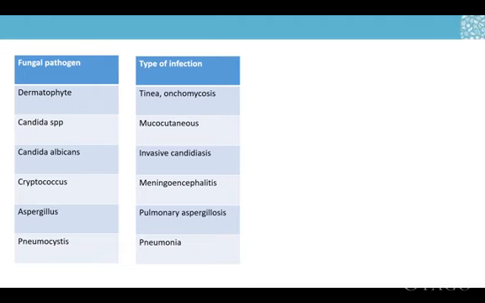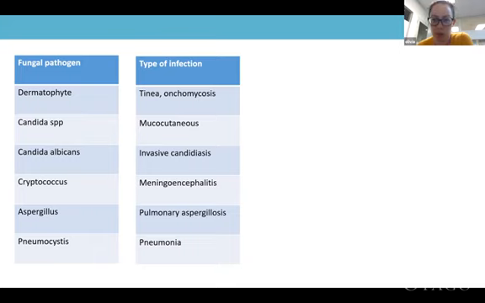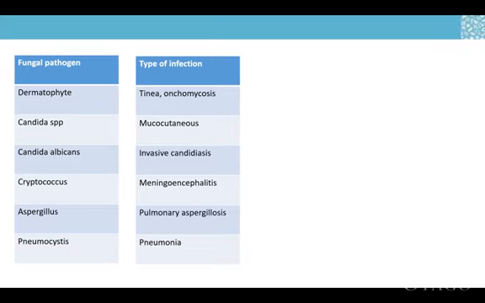Neutropenia, steroids, TPN. Yep, good. So the sick patient in ICU, gut's broken down, they're on TPN, they've been on broad spectrum antibiotics, they might have some immunocompromise. Yep, good. Cryptococcus causing meningoencephalitis, what's the classic group for that? HIV, yep, perfect. So HIV would be the main one. Can also see it in cancer patients. Aspergillus.